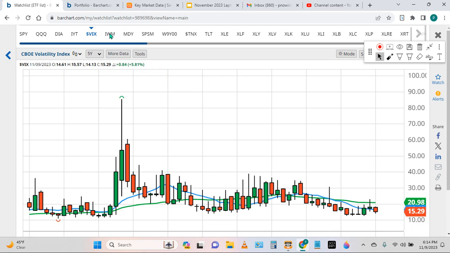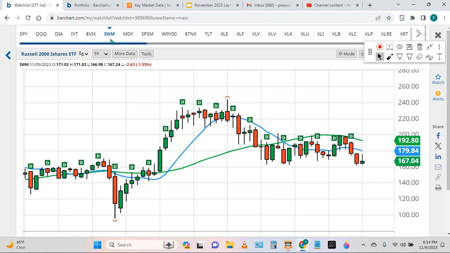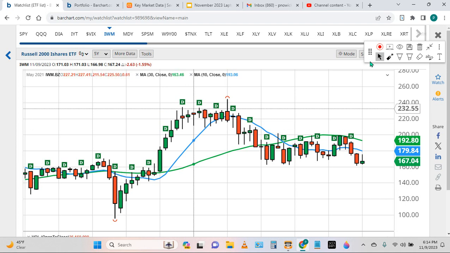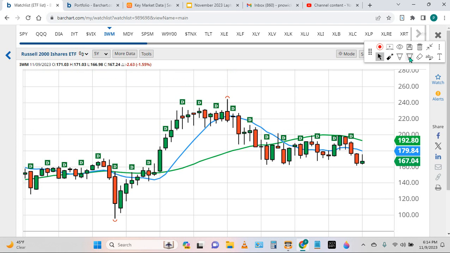And here's a few more I watch. This is more of a broad-based index, which tracks the Russell 2000, symbol IWM. So this is a similar looking picture to the transports, and relative weakness right now. This looks really weak. And November gave us this topping tail bar, which also looks kind of weak.